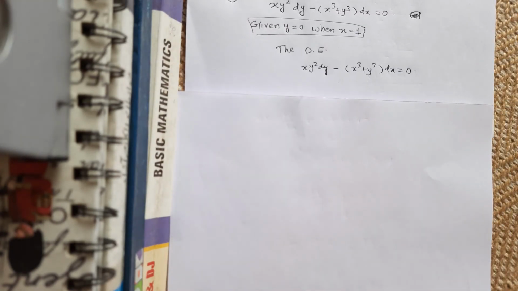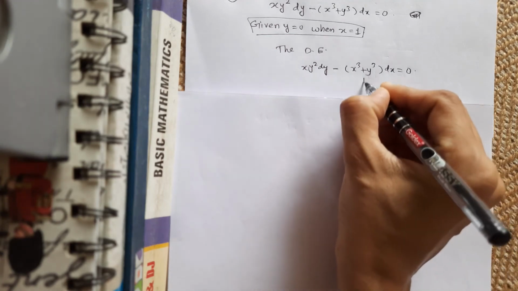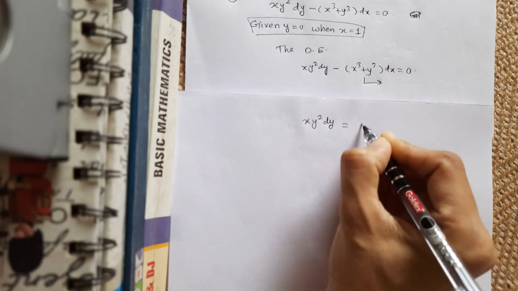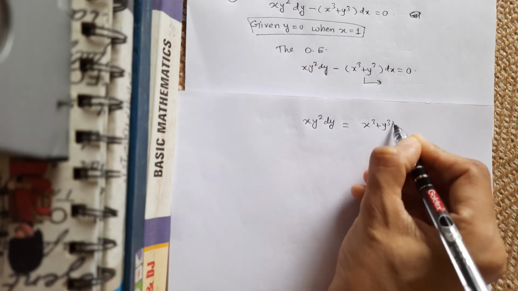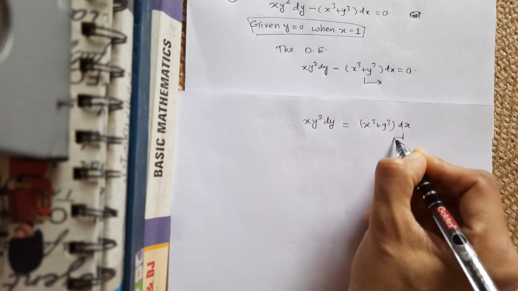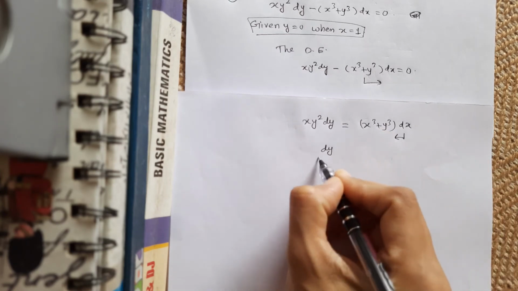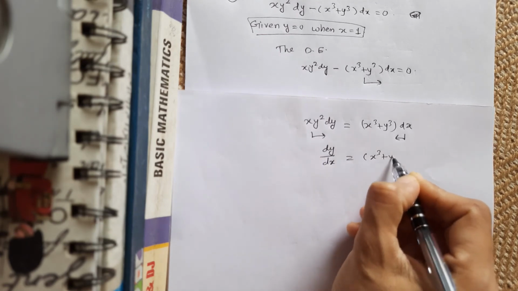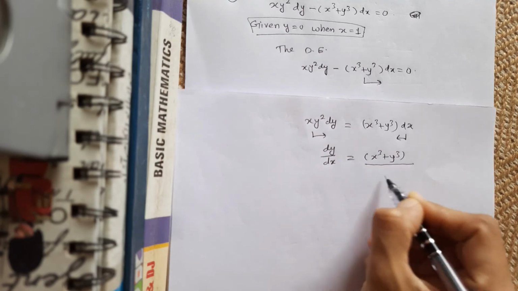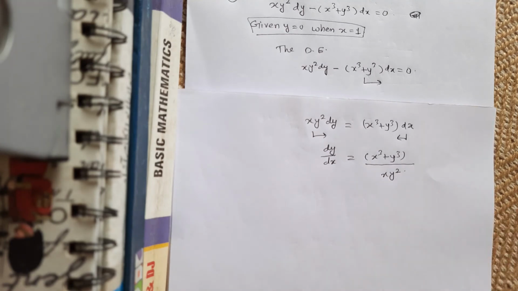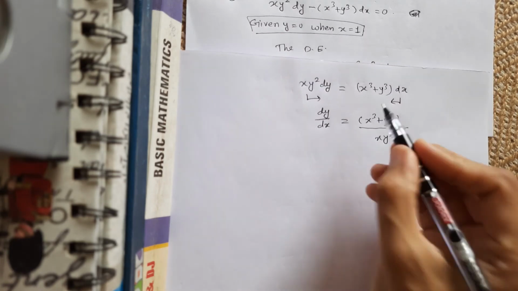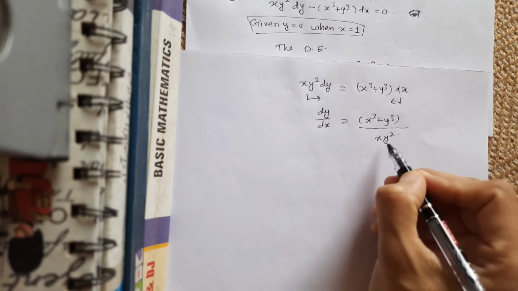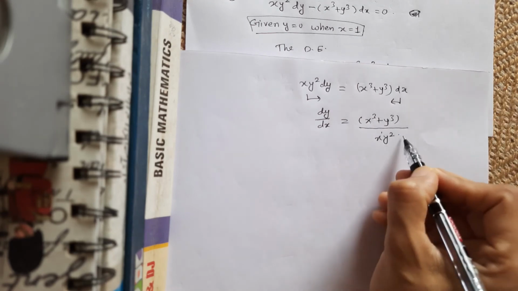Now I will convert it. Taking this term to this side, xy² dy = (x³ + y³) dx. Taking dx to this side, dy/dx = (x³ + y³)/(xy²). Now, the first term has power 3, the second term has power 3, and in the denominator 1 plus 2 is 3.